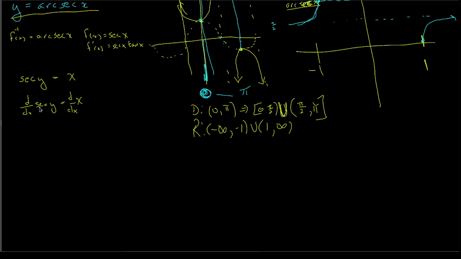And so we get the derivative secant y tangent y dy dx, taking it explicitly, and we get 1 on the other side. That means our derivative dy dx is 1 over secant y tangent y.